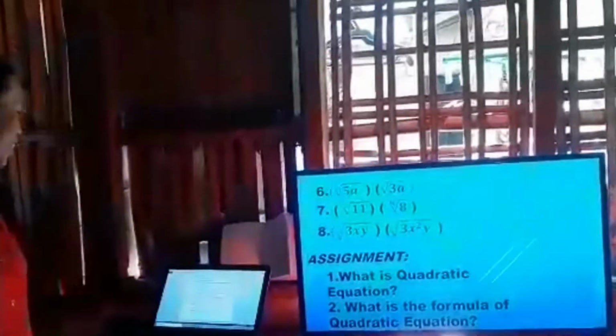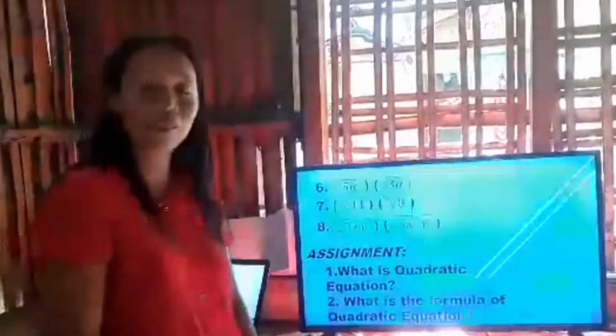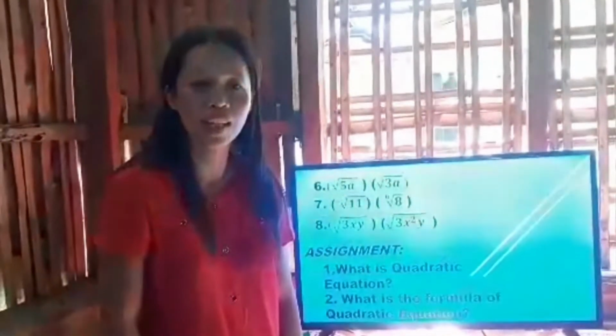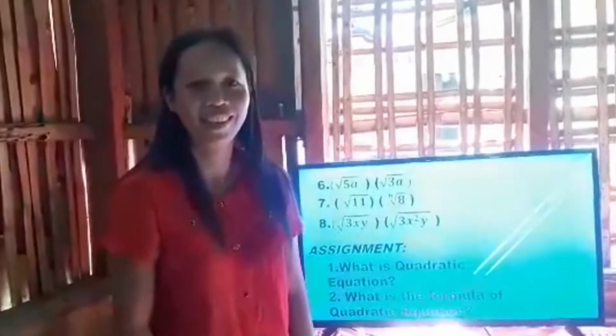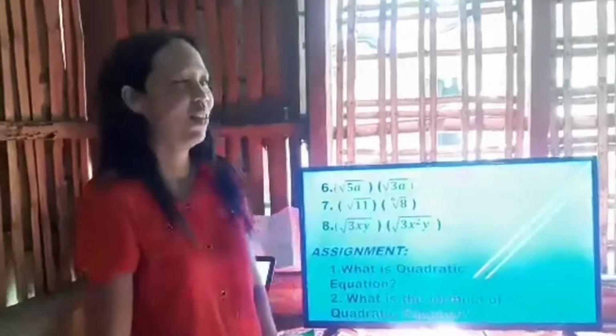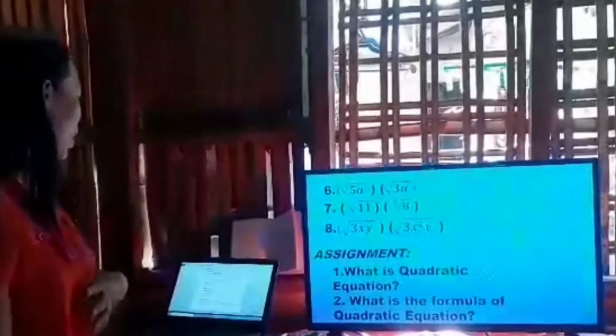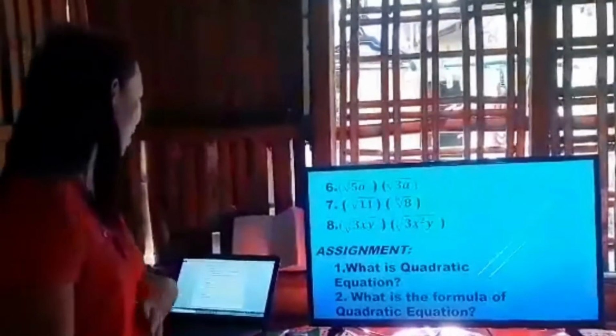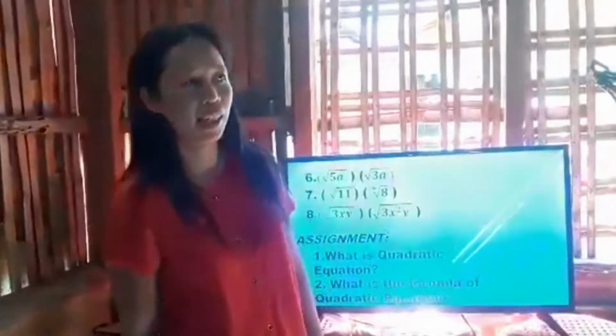Very good. So, do you still remember what was our lesson yesterday, class? Yes. Okay. So, what is our lesson yesterday? It's about addition and subtraction of radicals. Very good.